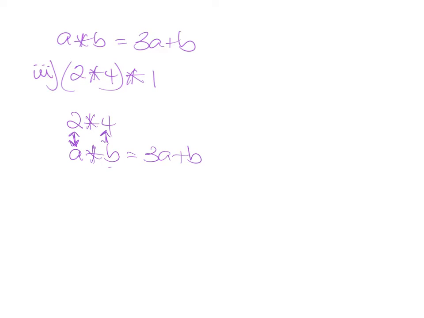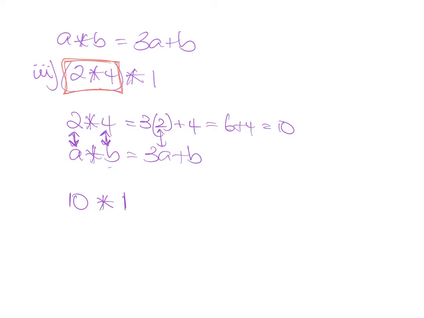B is lining up with 4. So we would do the same thing. 3 by A. So A is 2. And B is 4. 3 by 2 is 6. 6 plus 4 is 10. So the question really becomes 10 star 1, because we have worked out that 2 star 4 is 10.